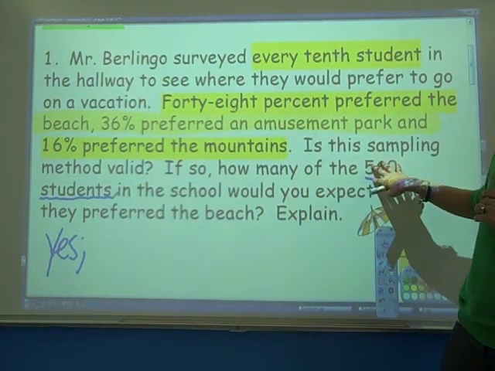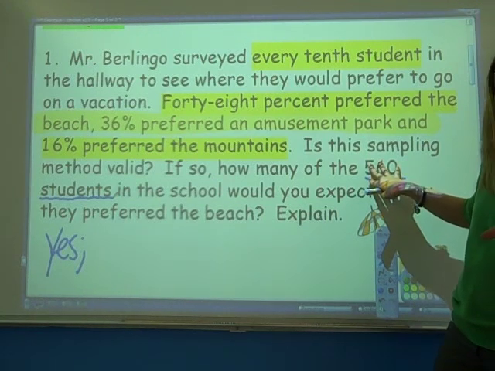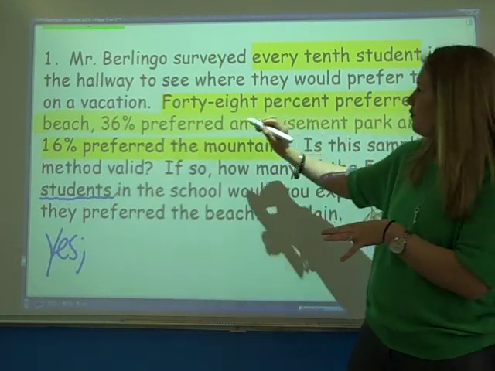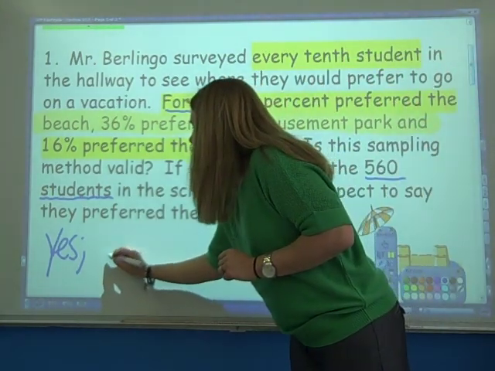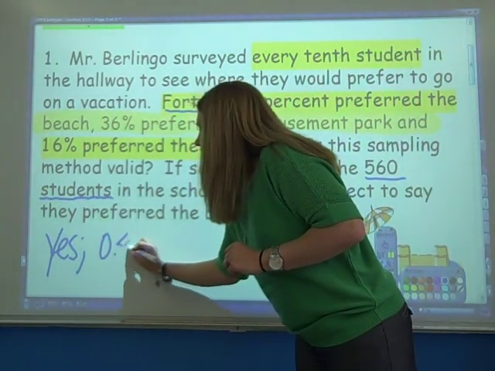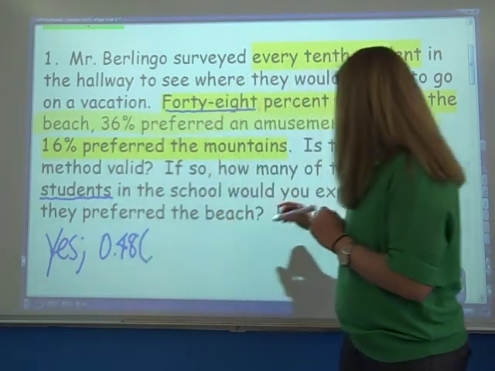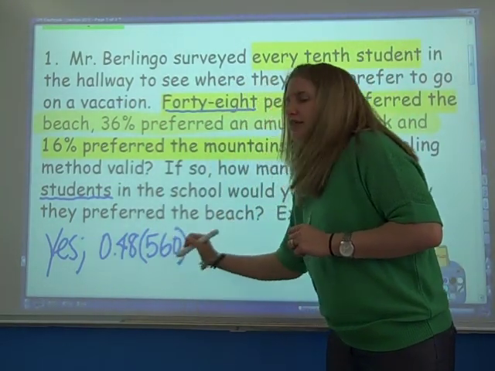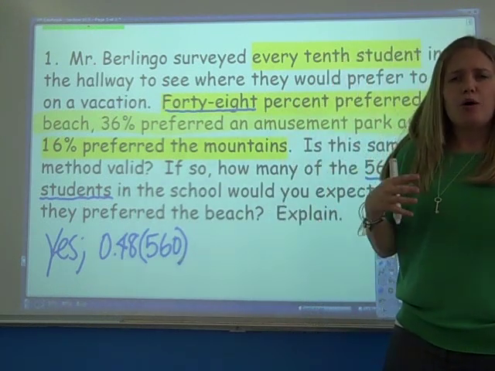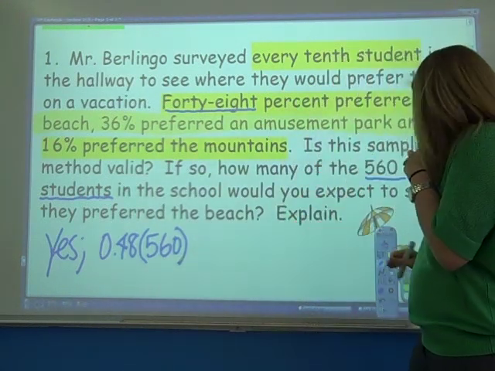Well, if we have 560 students who are in the school, and 48% said that they prefer the beach, we're going to do 48%, so 0.48 times the amount of students, 560. And this will give us an estimate of about the amount of kids that are going to prefer the beach.